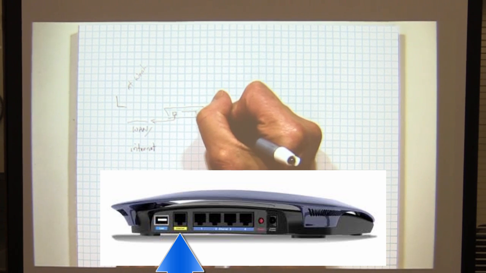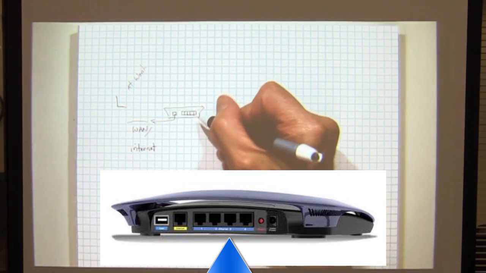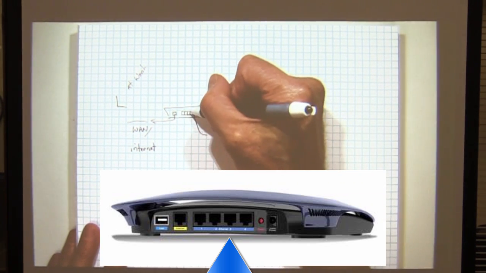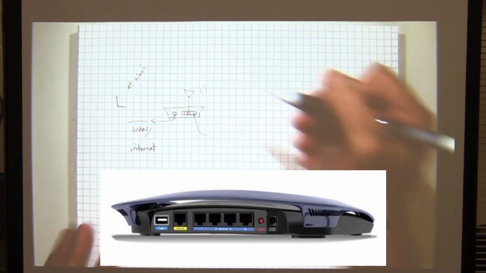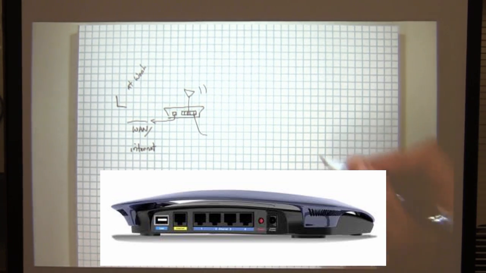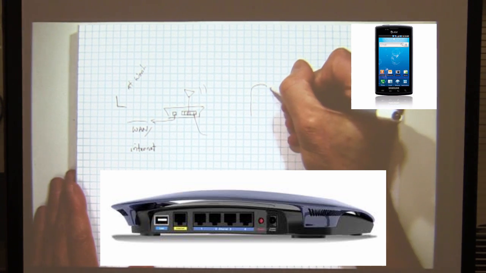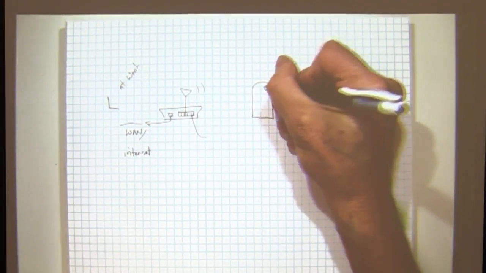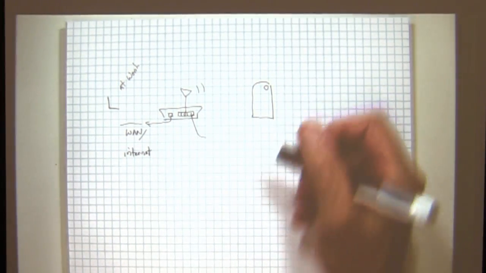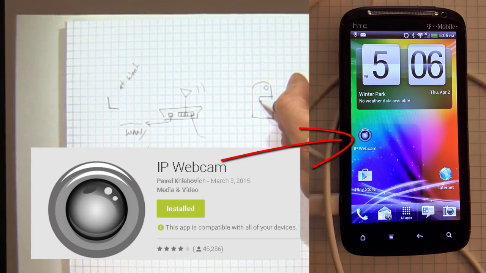Now, on our multifunction device, we have switches that we could connect wired connections, but we also have antennas where we can connect what? Wireless devices. And so in the case of our repurposed Android phone, we're going to install an app onto the old Android phone that has a camera.